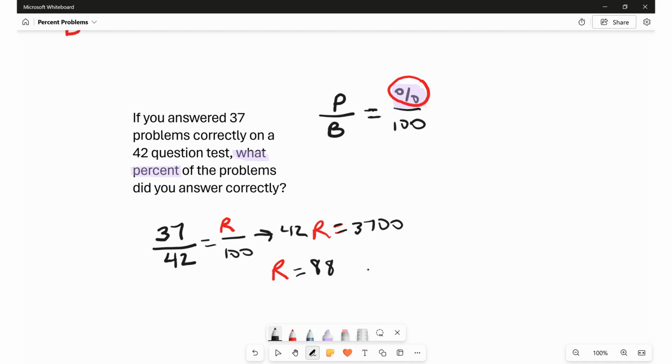And if we're just rounding, say, to the nearest whole number, then that's where we would be. So 88%, because we're looking for a percent.